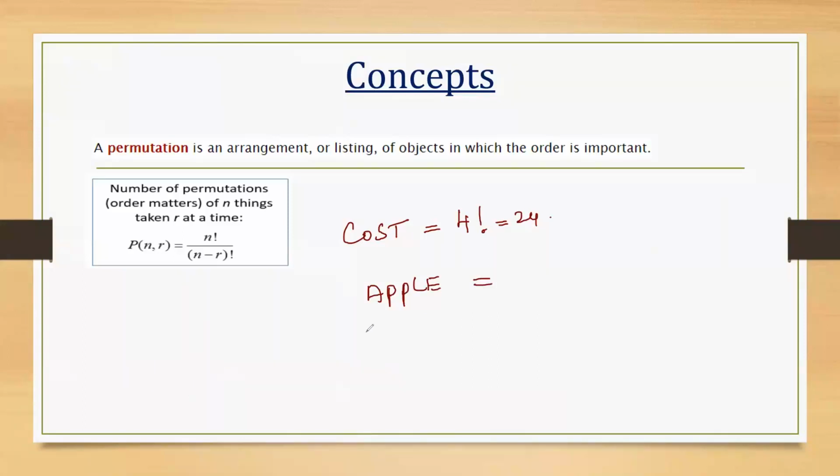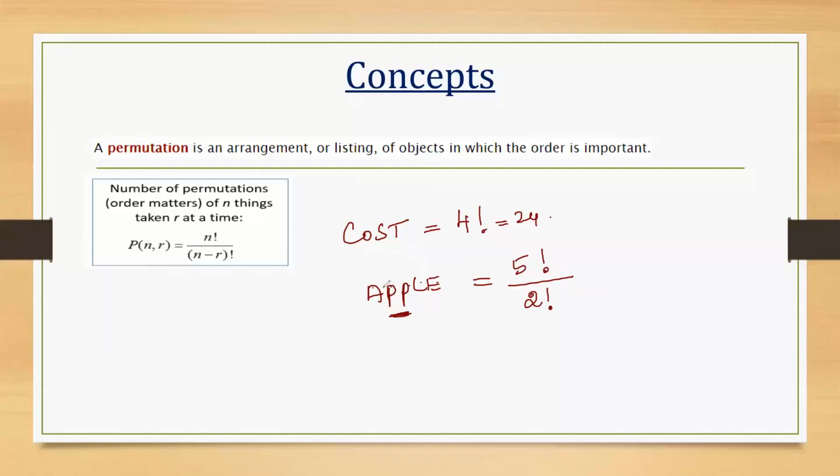This is a multi-set. We have the same letter repeated. So first count the number of letters: 1, 2, 3, 4, 5. So write 5 factorial, as we are going to arrange all the letters. Divide by P, 2 times repeated, similar, so divide by 2 factorial.